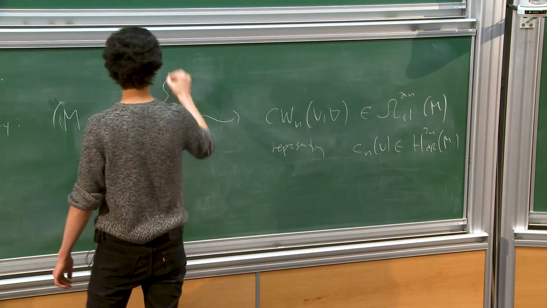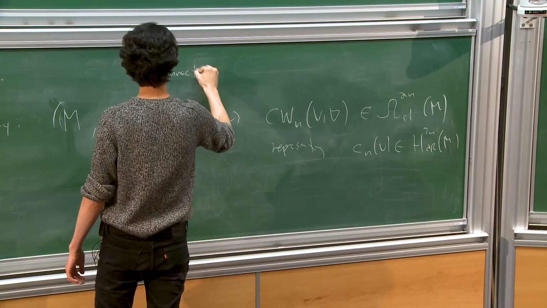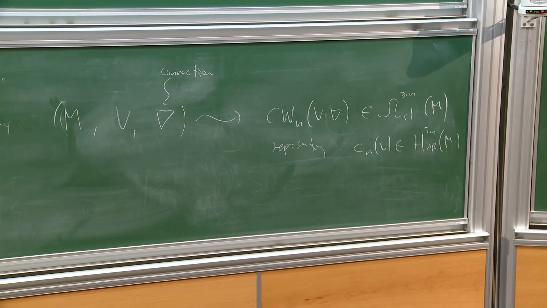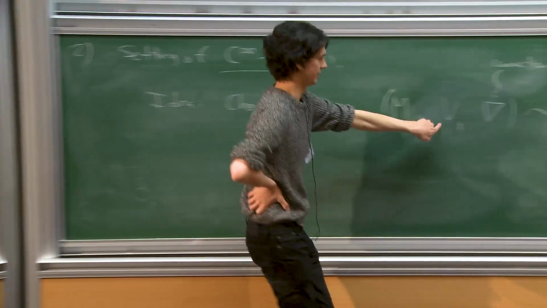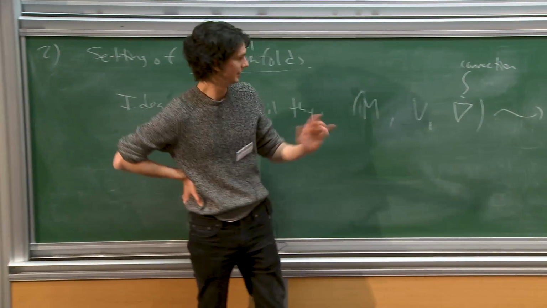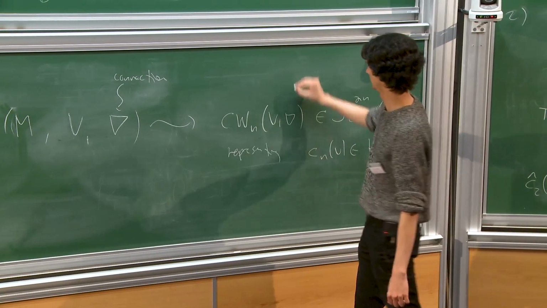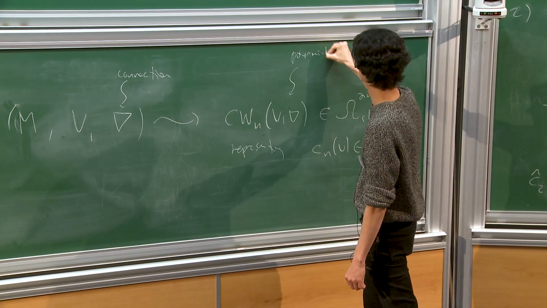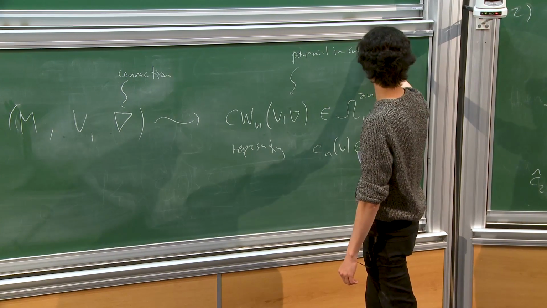So this is a connection. Arbitrary connection, not necessarily a flat connection. But a complex local system gives you a vector bundle with a flat connection. And if you look at the construction of this Chern-Weil characteristic class, it's just a polynomial in the curvature, basically.